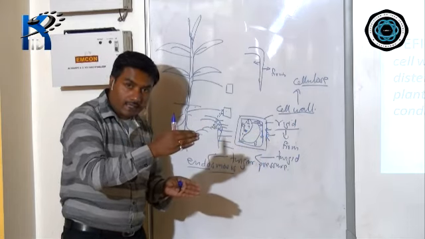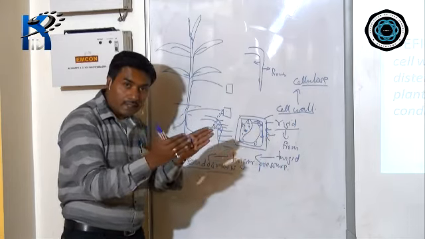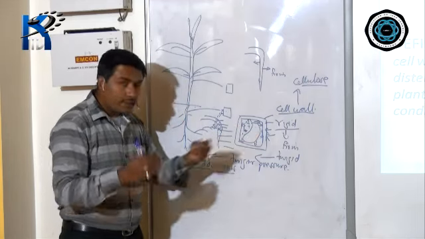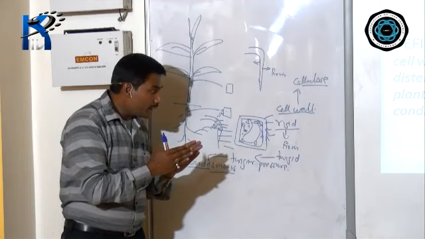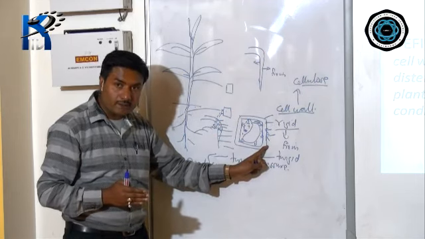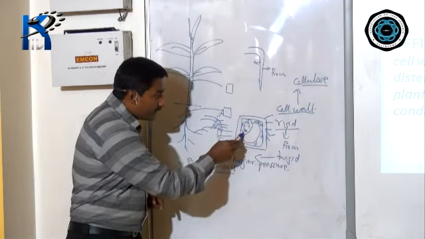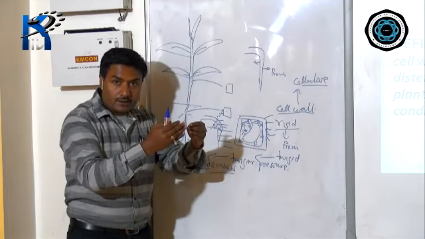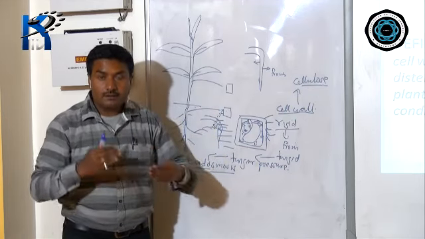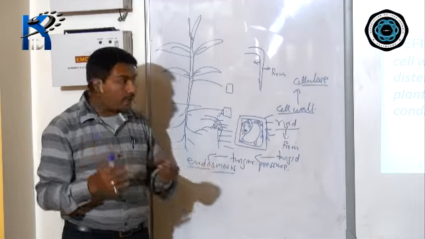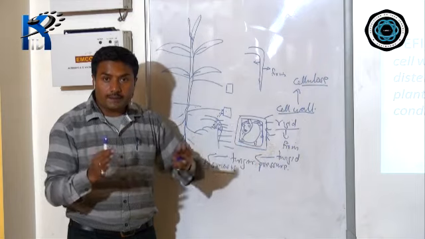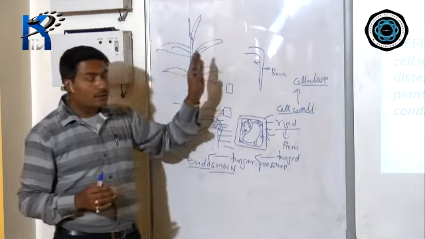It will build up a pressure inward towards the cell content. The pressure exerted back by the cell wall results in turgor pressure. And due to that, the cell is considered to remain in a turgid condition. To remain in the state of turgid is called turgidity.